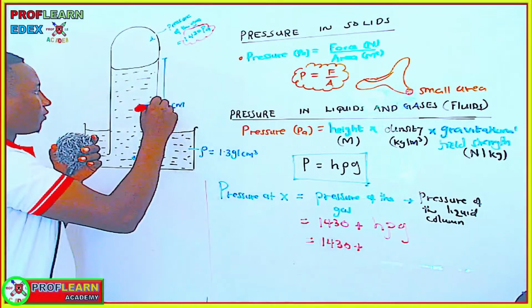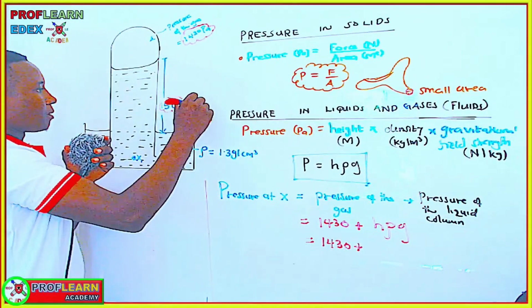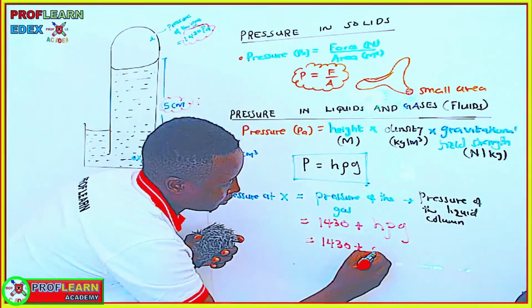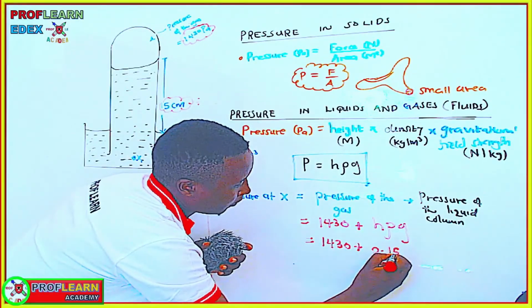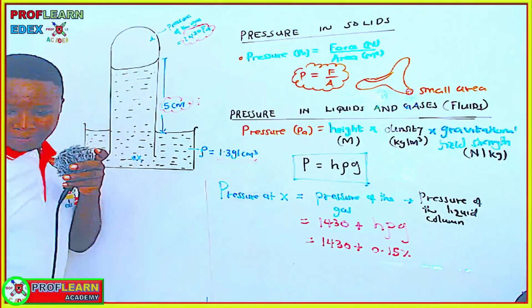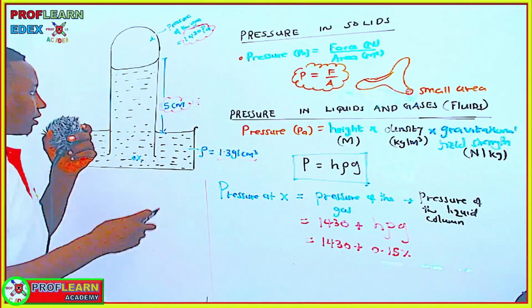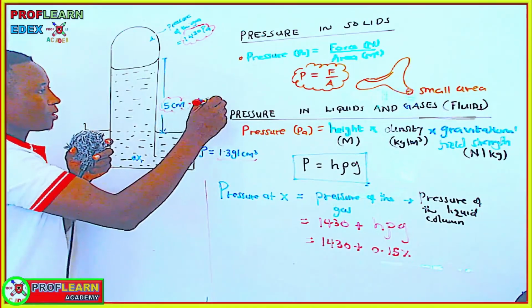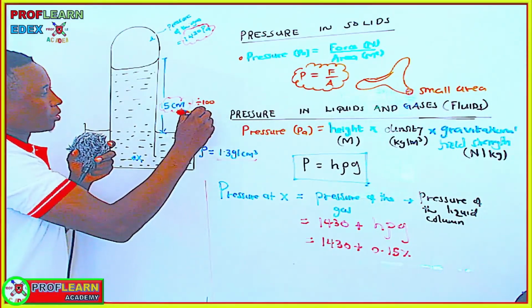We convert this to meters by dividing by 100, so that is 0.15 meters, times density.